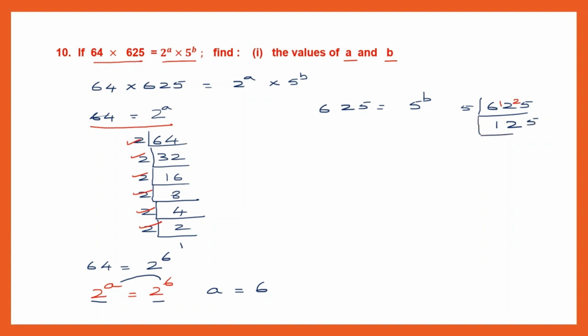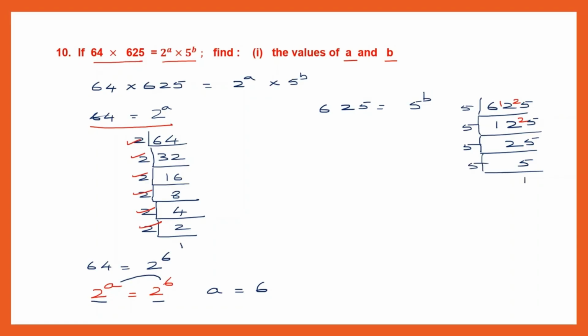Now we're going to divide this by 5 again. So we have 12, 5 twos are 10, 11, 12, that's 2. So the number is 25, 5 fives are 25. Continue, now it's 25, 5 fives are 25. Again we divide by 5, 5 ones are 5.